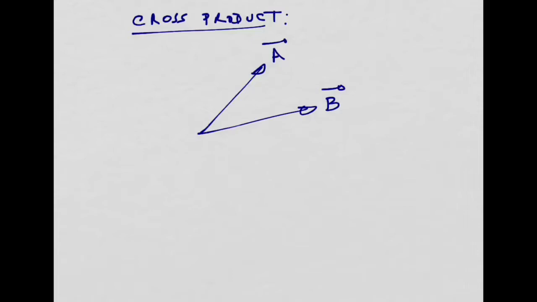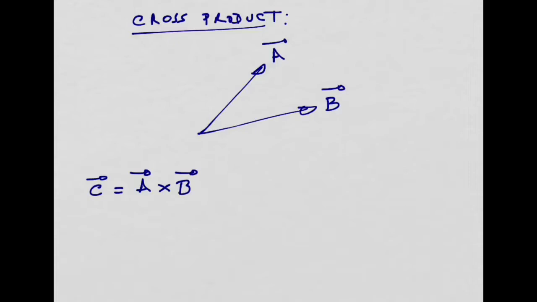The result is going to be a vector, not a scalar now. I call this vector C, and it's obtained by doing a cross product of vector A with B. We represent the product with this cross here.